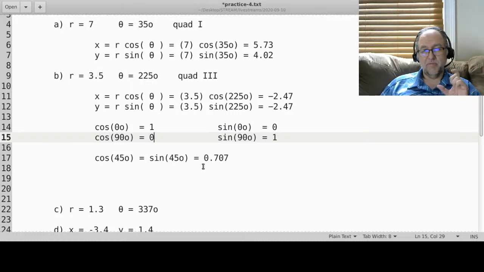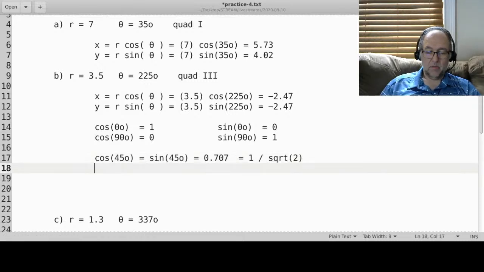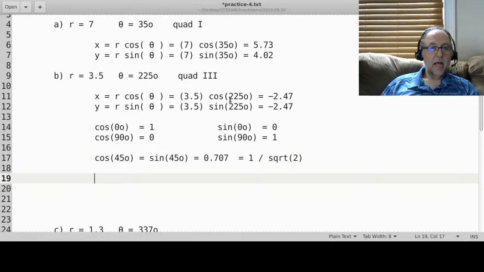If, however, you're at a multiple of 90 degrees plus 45, you always get this number here, which is actually equal to 1 over the square root of 2, okay? So it's actually equal to 1 divided by the square root of 2. Not that you have to memorize that, but just to tell you. And so if you have 225 degrees like that, that could be written as 180 degrees plus 45 degrees.